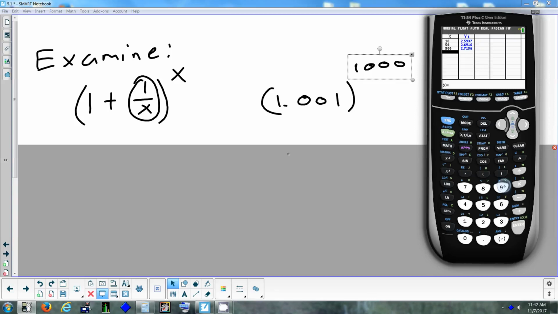So it's starting to level off. And then going up almost to 10,000, I'm only at 2.718. So it went from 2.715 to 2.718, from 500 to almost 10,000. So it's starting to level off at this number 2.718.